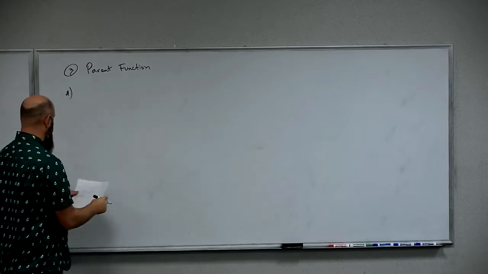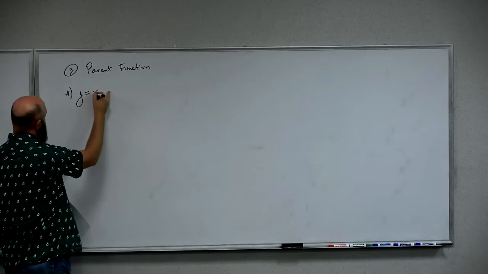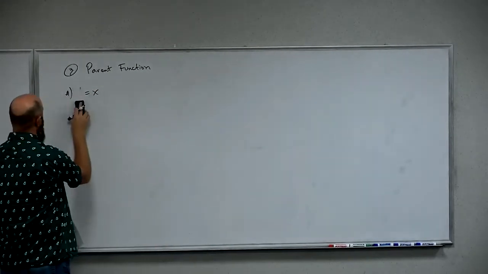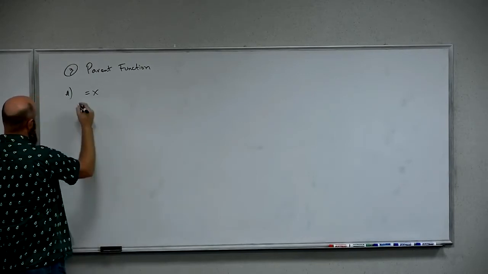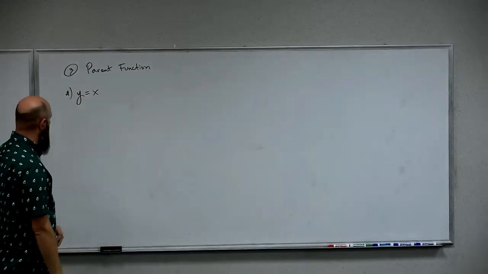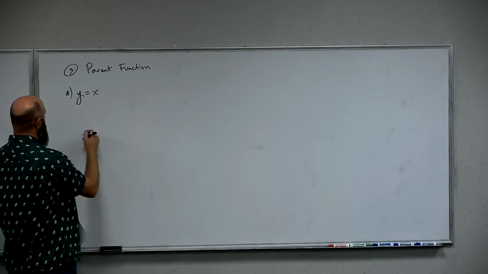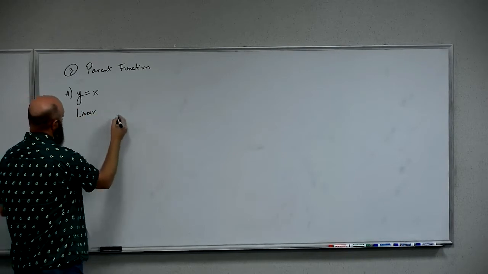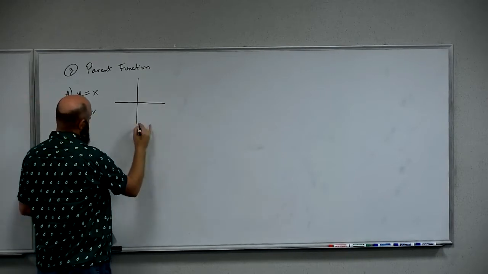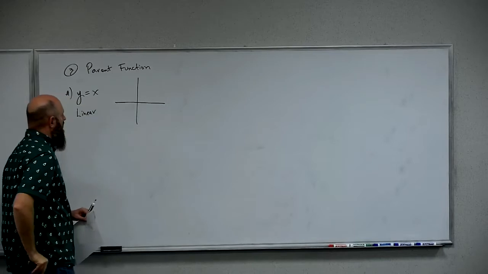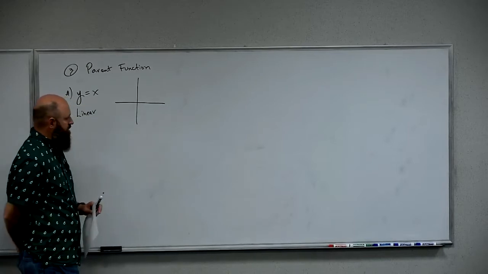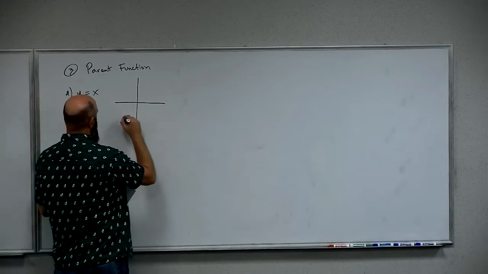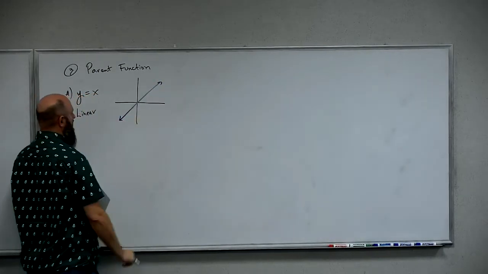All right, so our first one here, y equals x. Make that look like a y here. I'm struggling this morning. Y equals x. This is our most basic. It is what we call linear. And so the graph of this one here is what many of us say is a straight line.